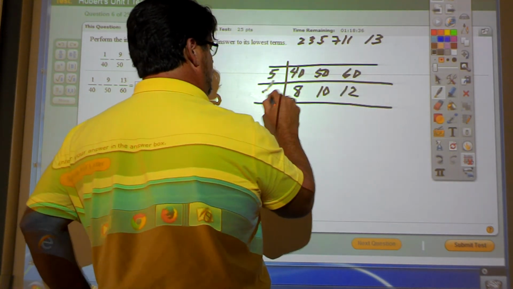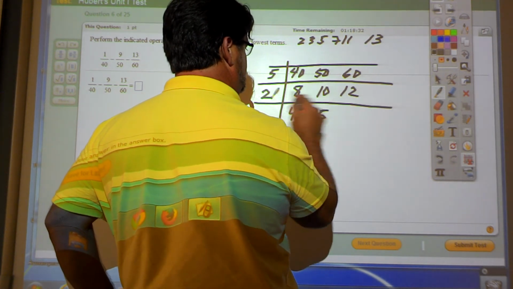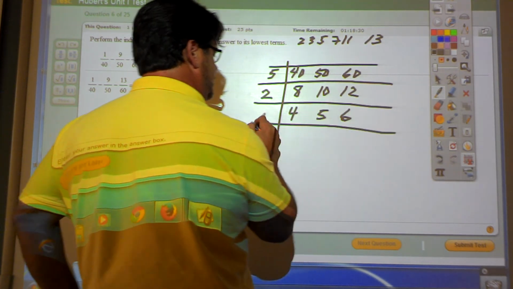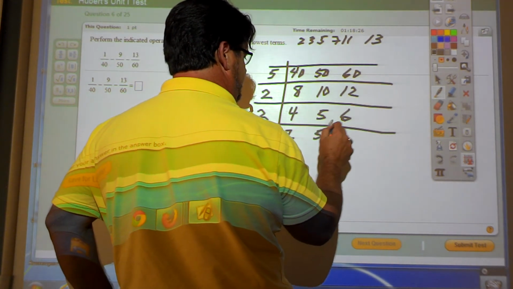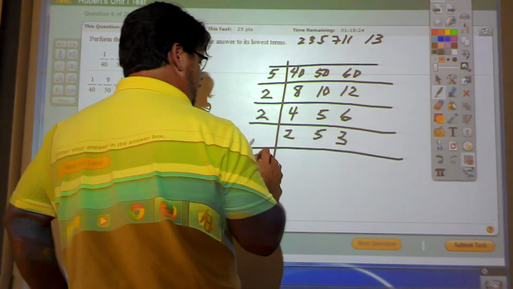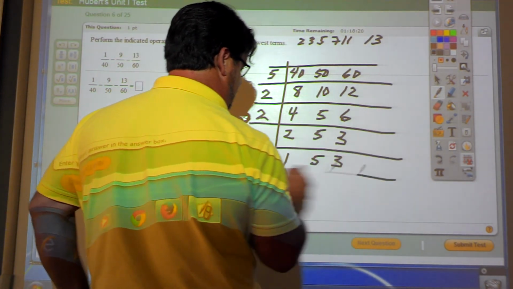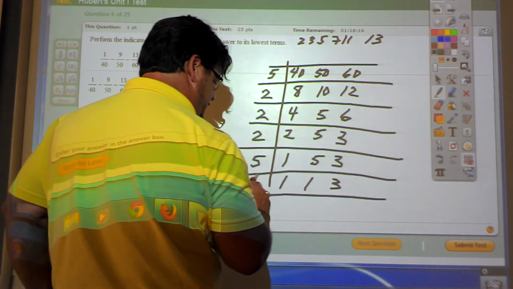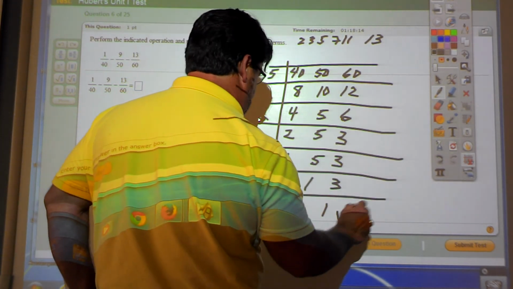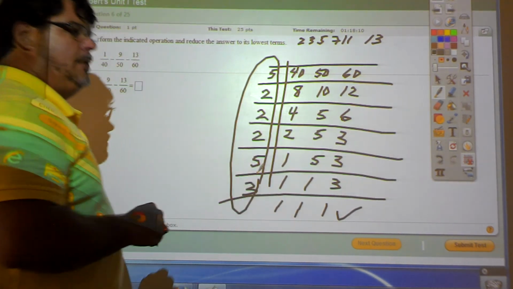Divisible by 2. 2 will go in there 4 times, 5 times, 6 times. 2 again. 2 will go in there 2 times, 5 and 3. Then 1, 5 and 3. And 5, 1, 1 and 3. And 3, 1, 1 and 1. And this is our common denominator.